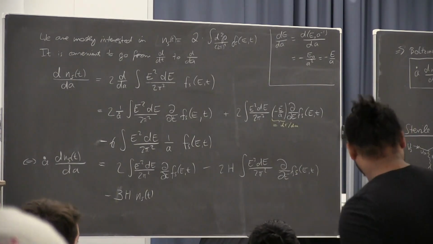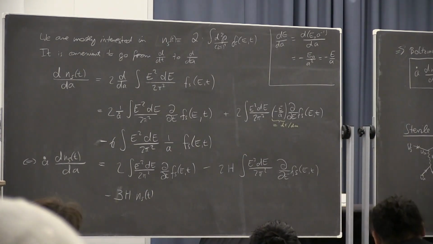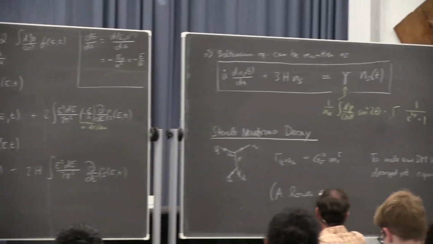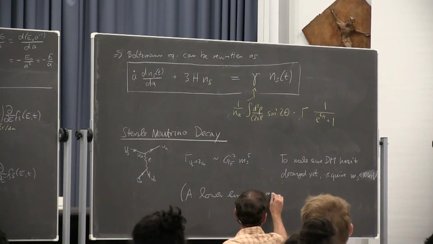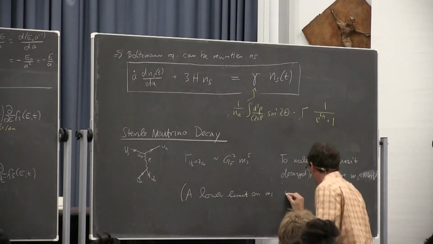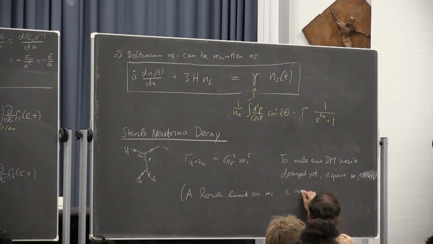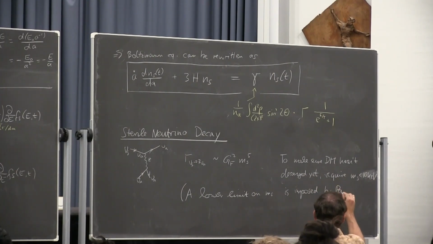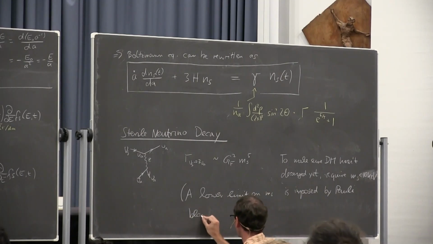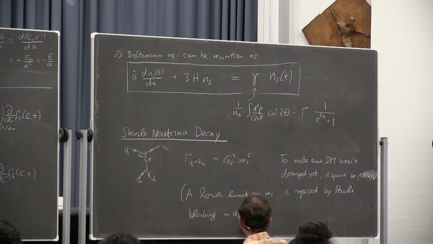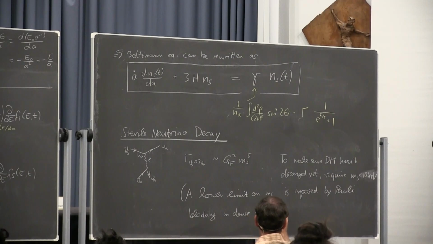lower limit. Let me make a brief comment on this. So a lower limit on m_s is imposed by Pauli blocking in dense regions like the galactic center.